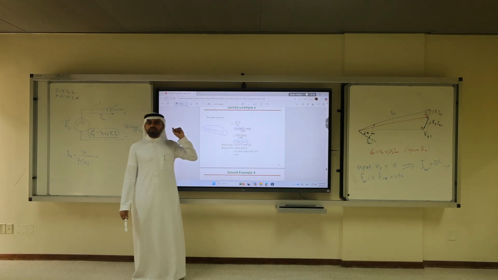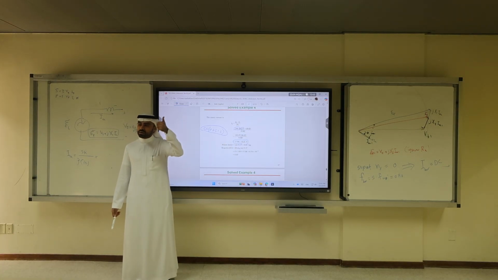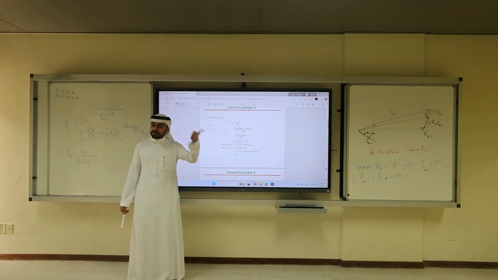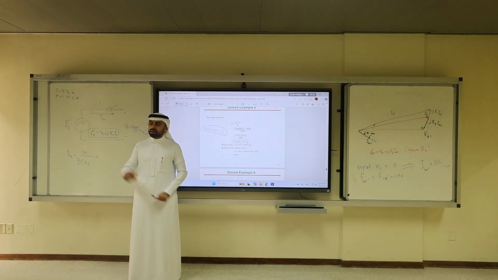Always, the angle of the power factor is the angle of the terminal voltage minus the angle of the terminal current. The terminal current is the armature current. Clear?